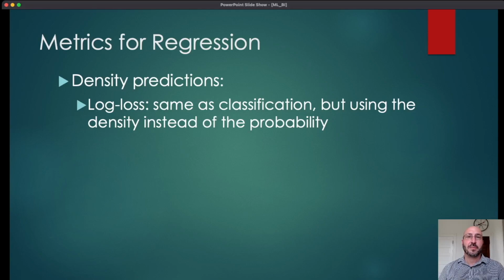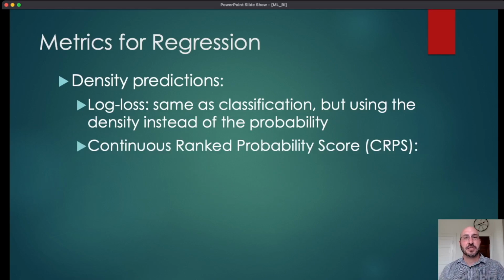So if you remember with continuous probability densities, because the probability of any particular point is 0, you look at the probability density and you have to integrate over intervals to get a probability that's greater than 0. So these densities may actually have values that are bigger than 1. And because of that, the log loss could have different sign properties than you might expect in a classification problem.